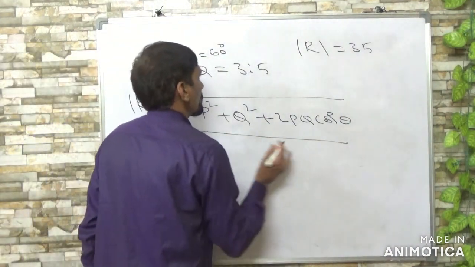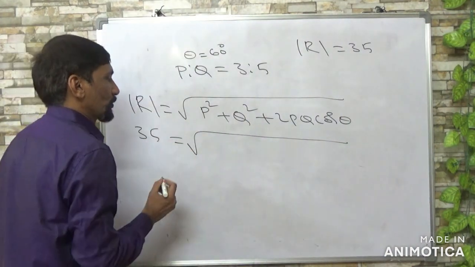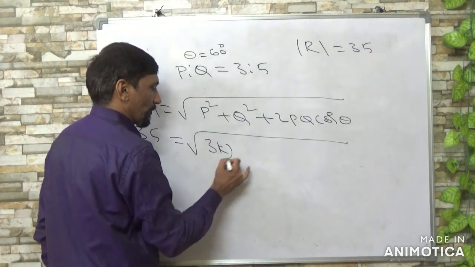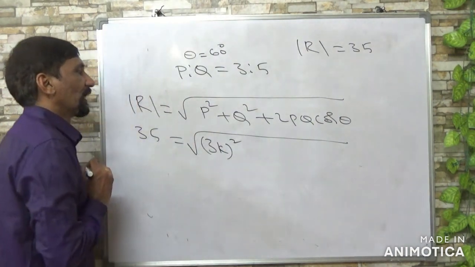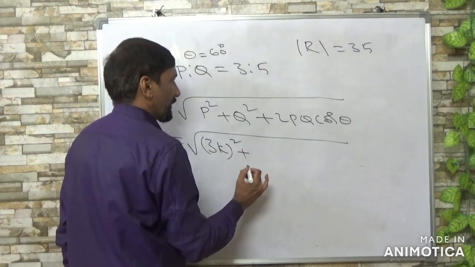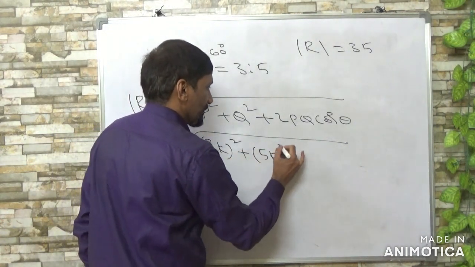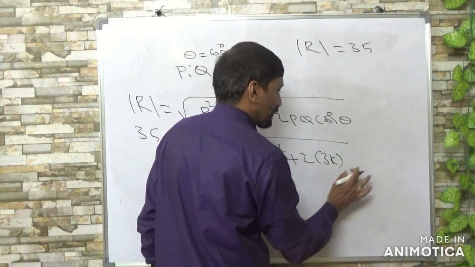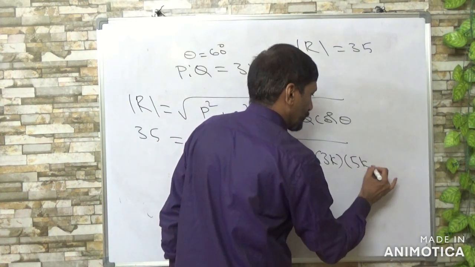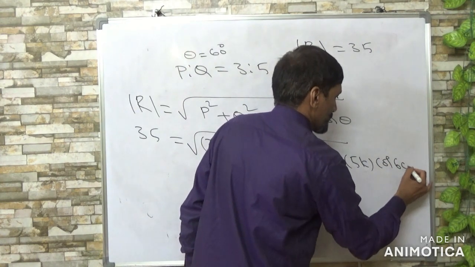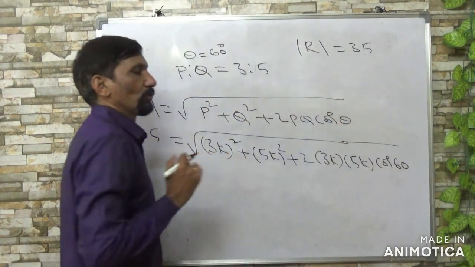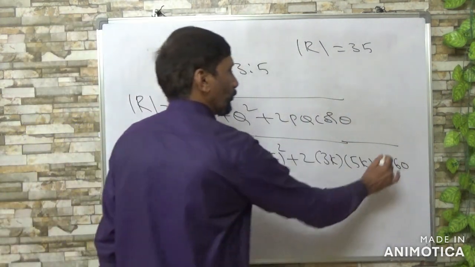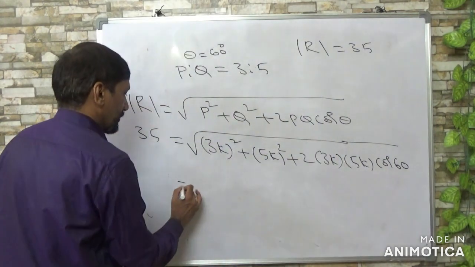Whenever a ratio is given, it is always some multiple. That is why I am taking 3k whole square plus 5k whole square plus 2 into 3k into 5k into cos 60 degrees. Cos 60 value is 1 by 2, so the 2 cancels.